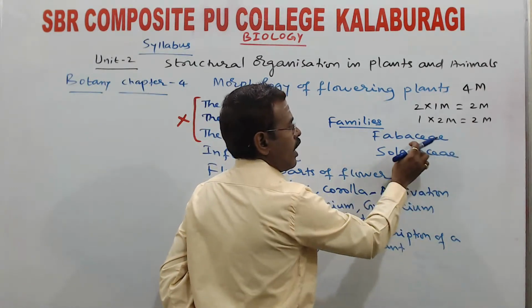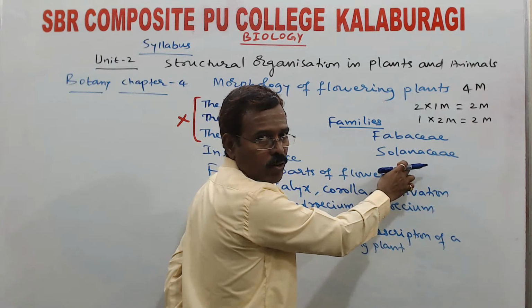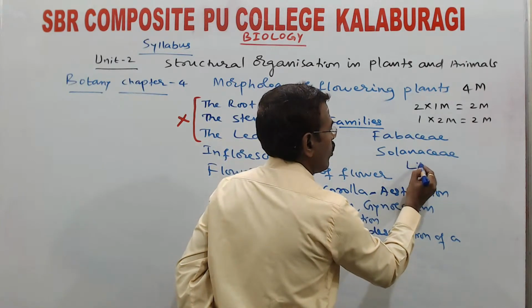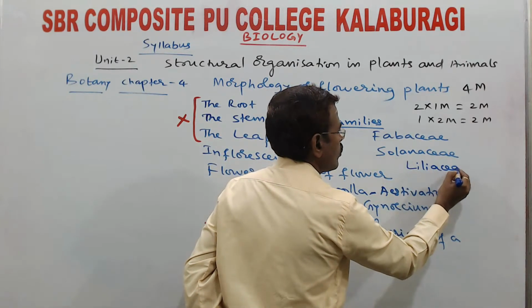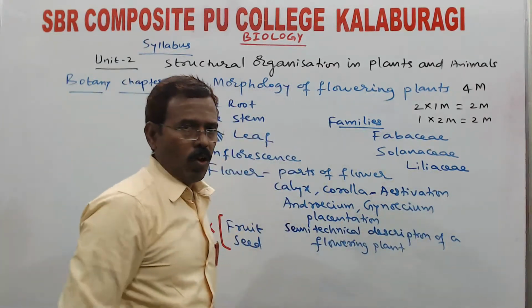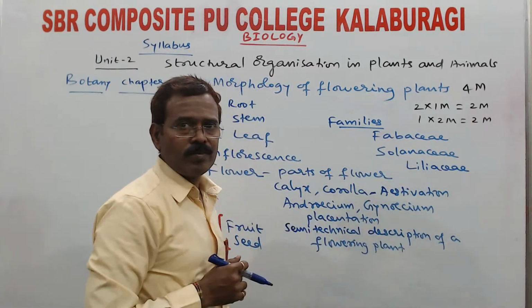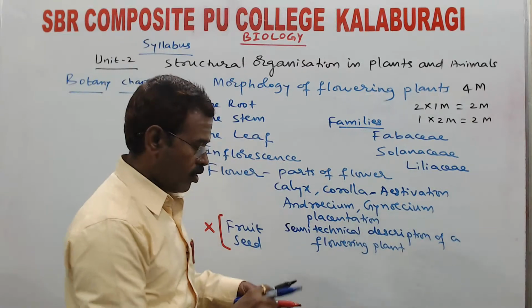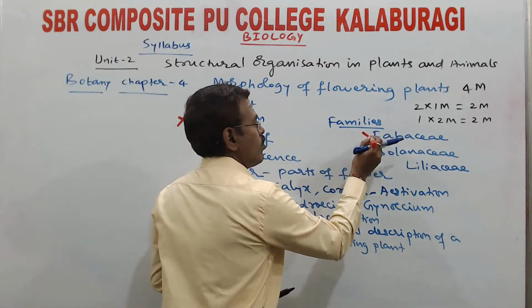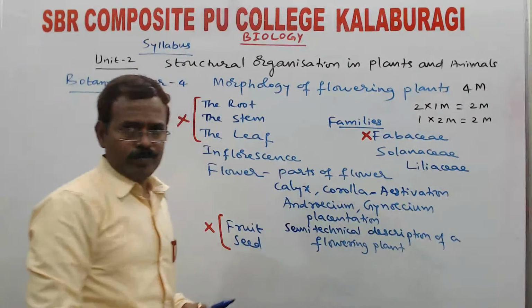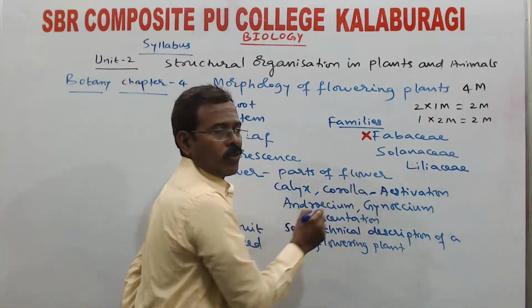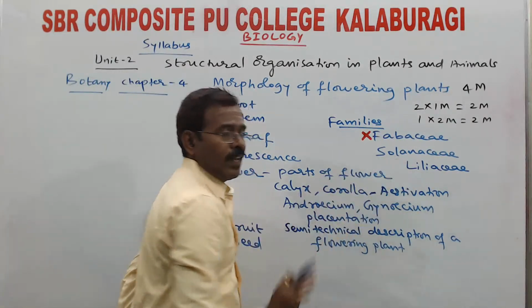These two are dicot families, Fabaceae and Solanaceae. Then we have Liliaceae, the onion family, garlic family. So three families, but the family Fabaceae is removed. Only two families we have to learn, Solanaceae and Liliaceae.